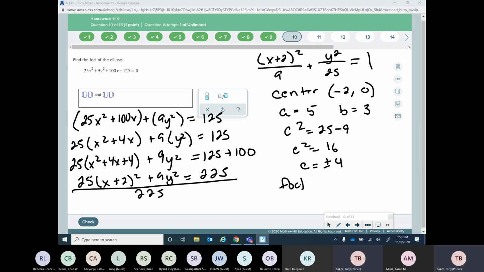So my foci is H, and then it's K plus or minus C. So I've got -2 plus 4, and -2 minus 4. How many foci for this one? 2. So -2, 4, and -2, -4.